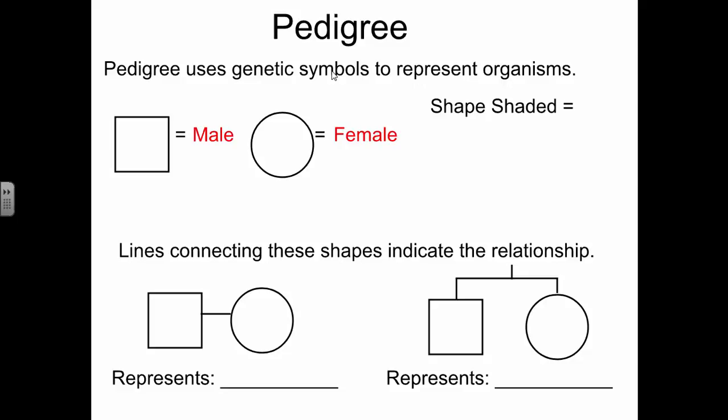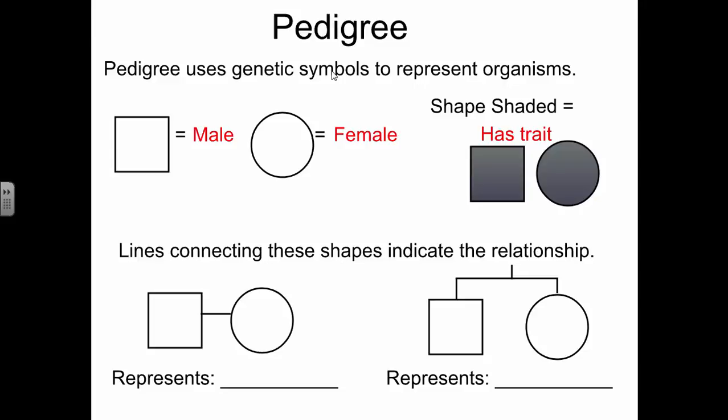And usually we're tracing a certain characteristic, a trait, a disease. And so if they have that trait or that characteristic, we shade in their symbol. So if we want to show a male that has a certain trait, we would use a shaded in square. To show a female, we would use a shaded in circle.